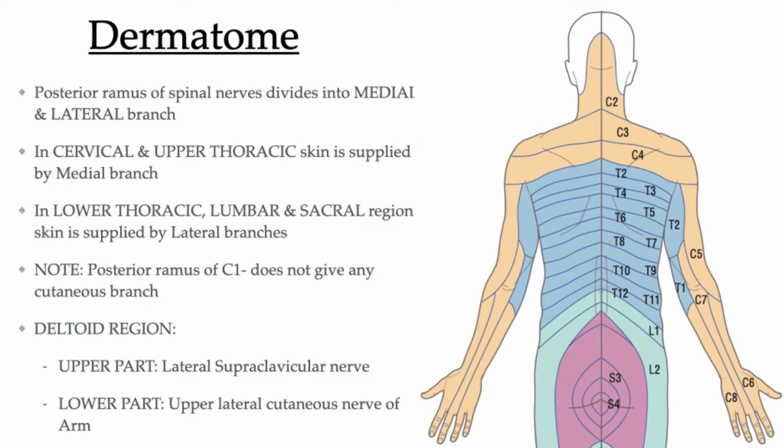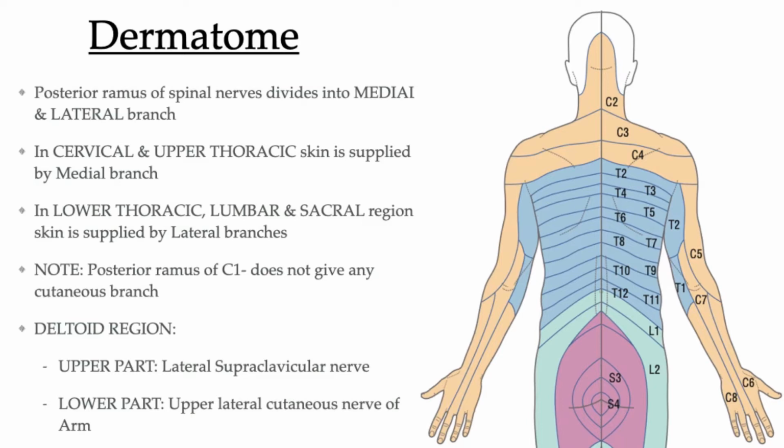In cervical and upper thoracic region, the skin is supplied by medial branch of the posterior ramus of the spinal nerve. In lower thoracic, lumbar and sacral region, the skin is supplied by the lateral branch of the posterior ramus of the spinal nerve. At this point, you need to remember that posterior ramus of first cervical spinal nerve does not give any cutaneous branch.